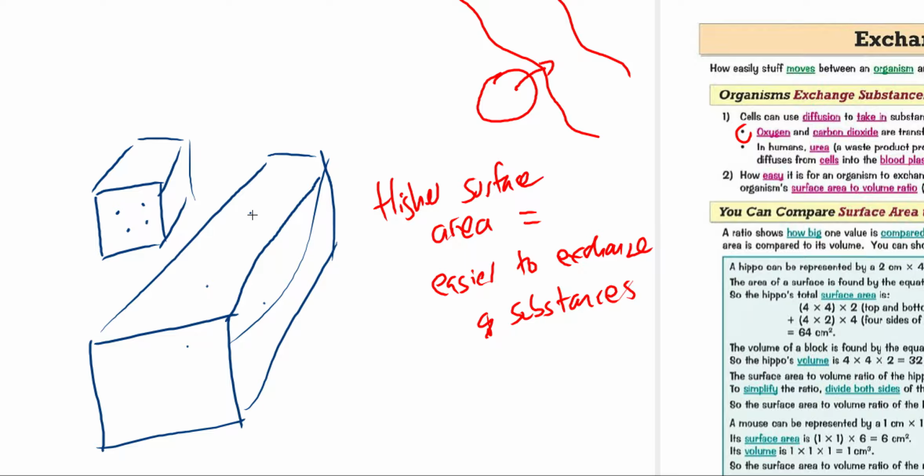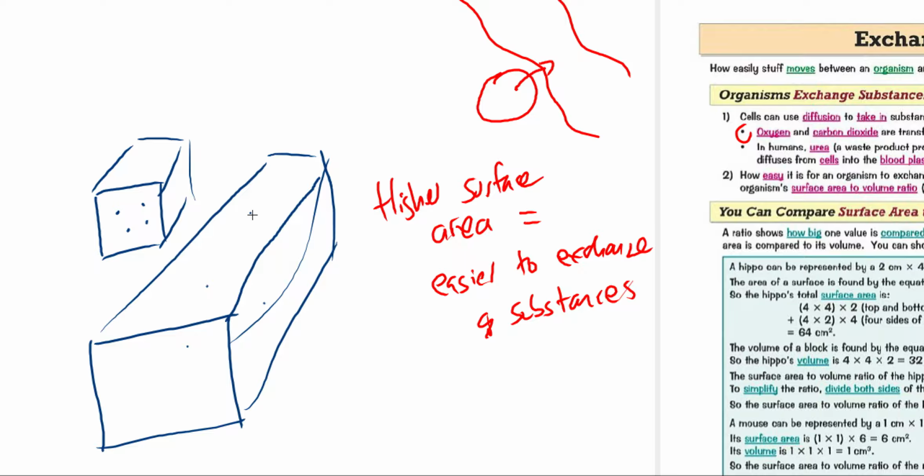This can also be related to heat transfer. You may have done this in physics or earlier in biology: if an animal has a large surface area, it finds it very difficult to retain its heat because there's lots of surface for the heat to escape from.